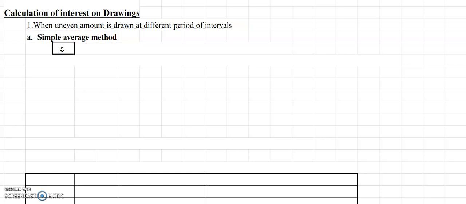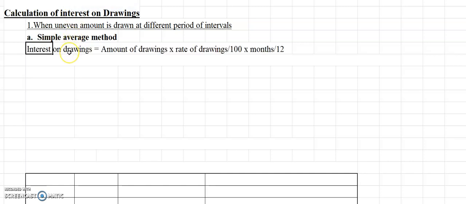First of all, we are going to see how we can calculate interest on drawings by the simple average method. There is an equation for that. Let us see that equation. Interest on drawings is equal to amount of drawings into rate of drawings divided by 100 into months divided by 12. Amount of drawings means how much money is withdrawn, into rate of drawings by 100. Suppose the rate is 5%, so 5 out of 100.